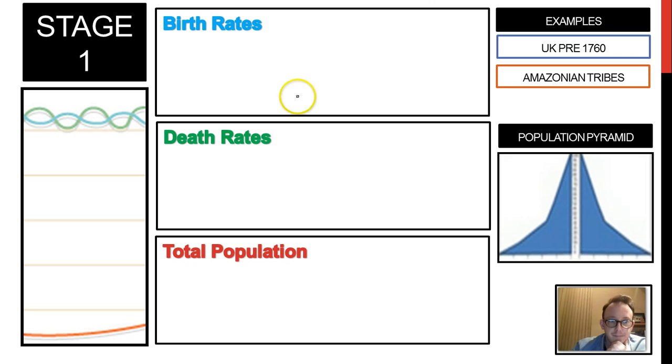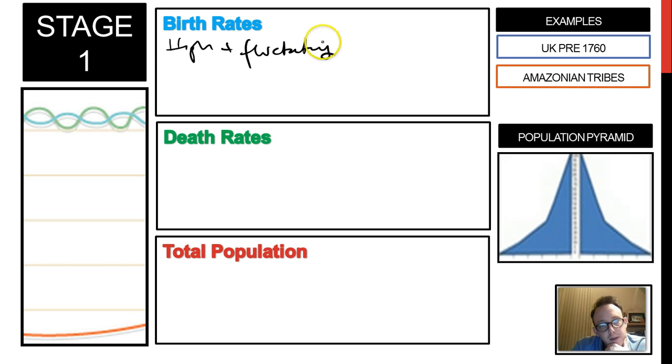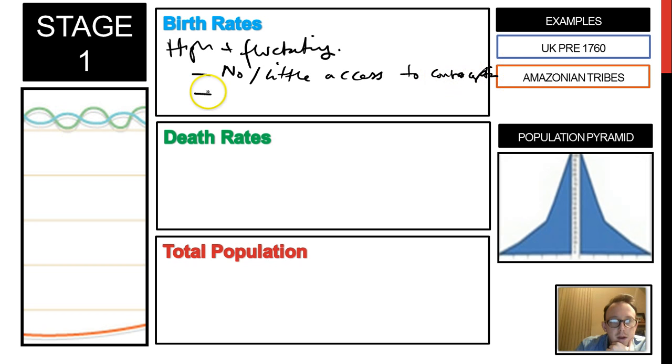So birth rates in this stage are high and fluctuating. High and fluctuating, and the reason for this is no access to contraception, or little access to contraception. Okay. Little or no education on family planning.